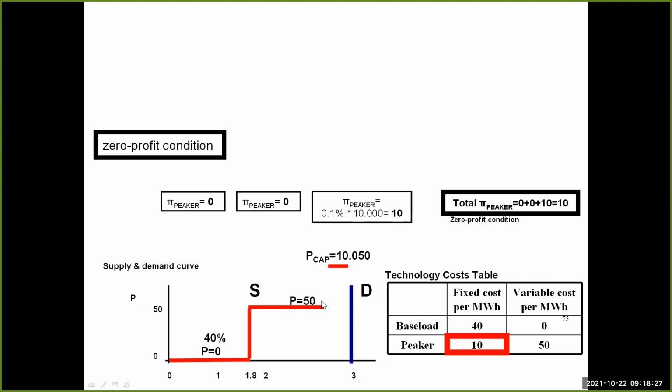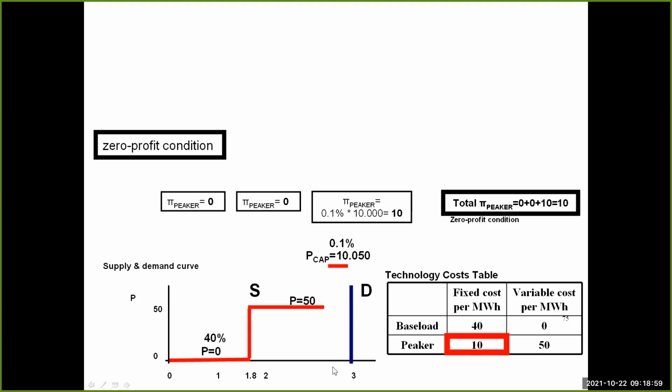So we need the percentage of time that this happens times 10,050. If you get 10,050, you still have a variable cost of 50. 10,050 minus 50 is 10,000, which is then your profit. And then times a certain percentage such that this is 10. And so I calculate that as 0.1%. So now I know this gap here should happen with 0.1%.